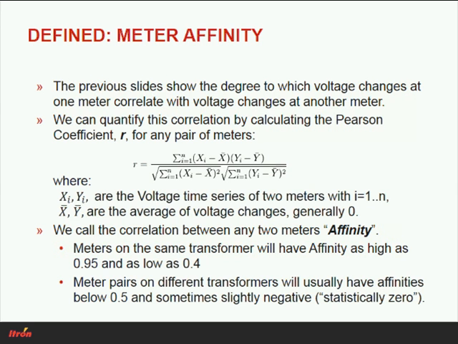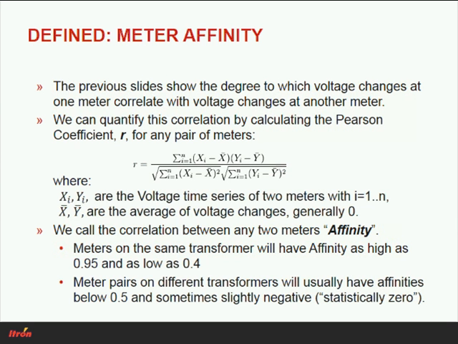And the X bar and Y bar are the averages over the long term, which tends to be 0. I mean, voltage changes are almost by definition 0 when averaged over time, but obviously they're up and down in between. And then again, the cross products at the bottom. This is statistics 101, or even simpler than that.